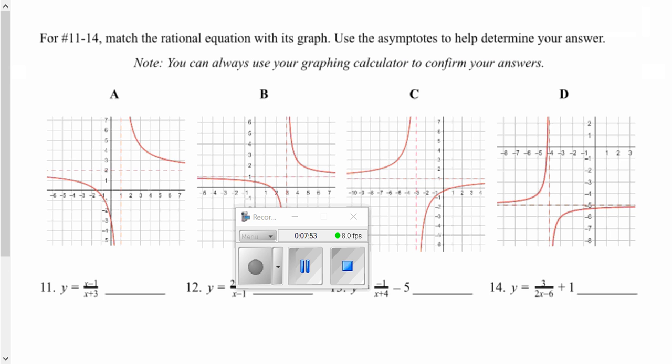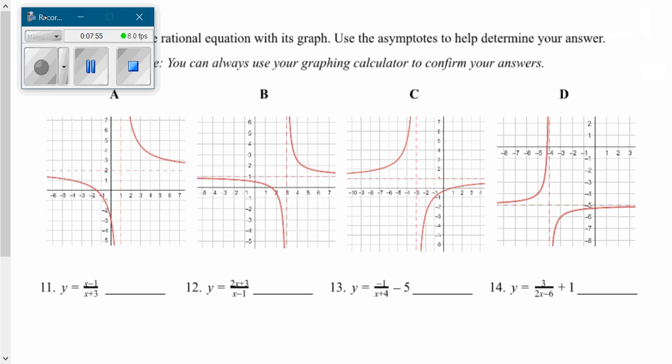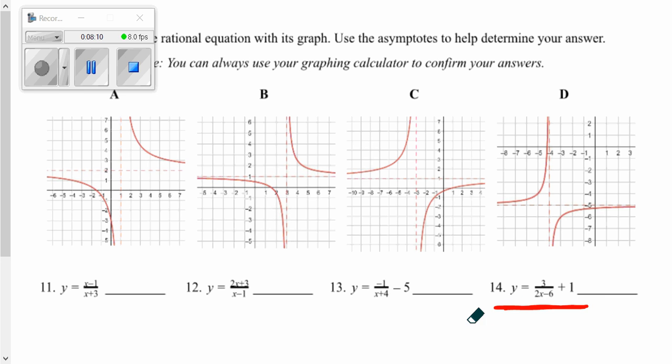All right, and the next one, you are matching. So you're supposed to match the graphs with the equations. So I just did this like kind of process of elimination. So for example, this one, I know that I don't want to be dividing by 0. And so the thing that would make the denominator be 0 is if x were 3.